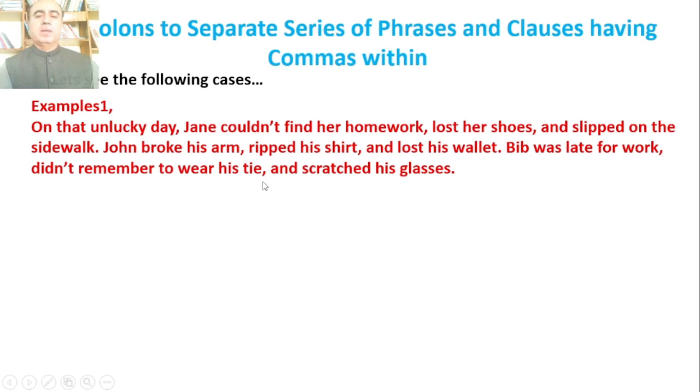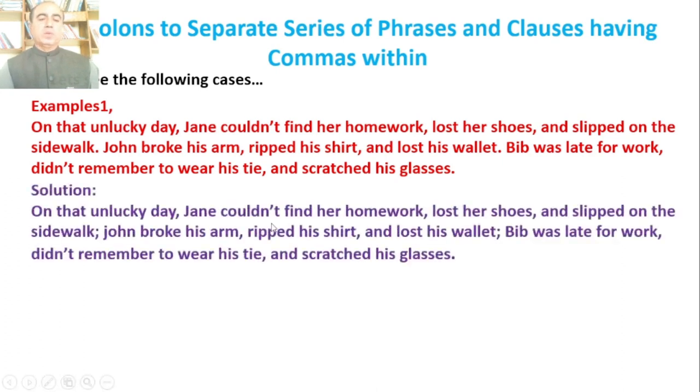Here again, these are internally punctuated. In such a case, we remove these full stops and put a semicolon here. We just do it, and our sentence becomes more elegant. How? Look, we have placed the semicolon here. Again, we have placed a semicolon before Bibb.